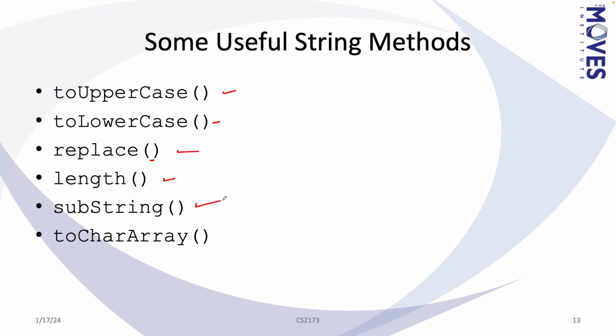Substring is another very useful one, where I can extract a piece of the string. Again, it does not change the string. It returns a piece of it. And this last one is very rare, but occasionally useful. Question?